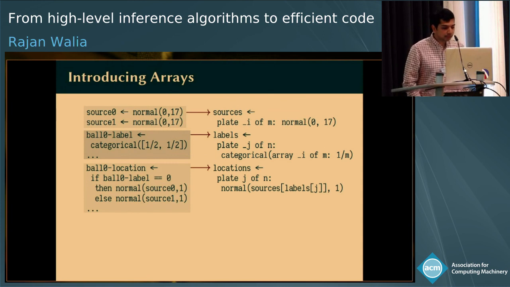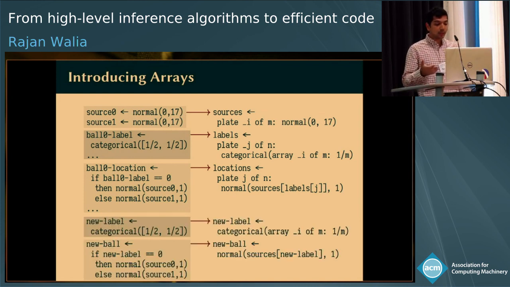And once we have labels and sources, we can, again, use both these arrays to directly figure out what position our ball will be according to its label and source. And something similar with our new ball. And then once we have this, we use our probability distribution to infer our new label.